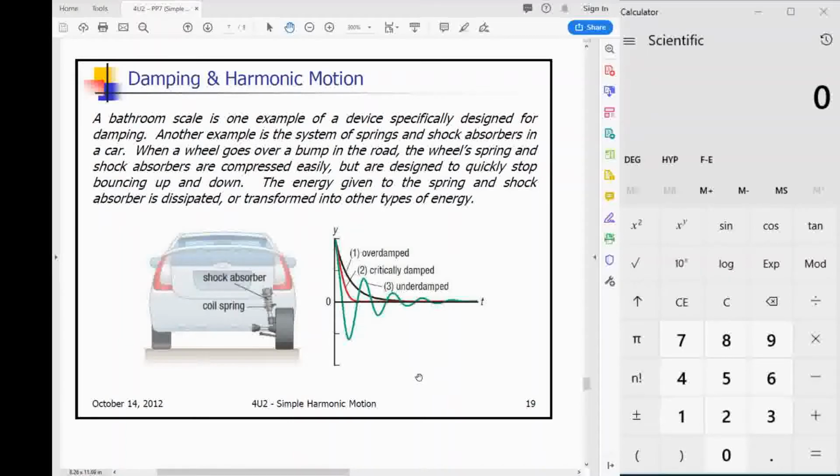Electronics require calculations to be done very quickly. So they're often set to be underdamped responses, with the caveat that the overshoot is not too high, not to damage the electronics, and also that the settling time is short enough so that it's better to use the underdamped system than it is to use the critically damped system.